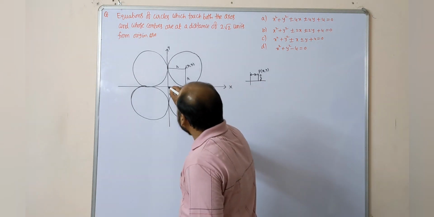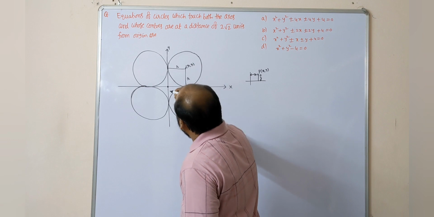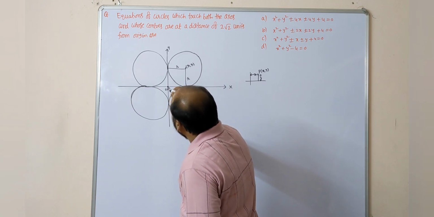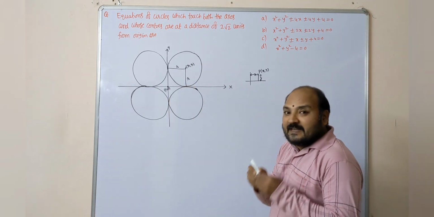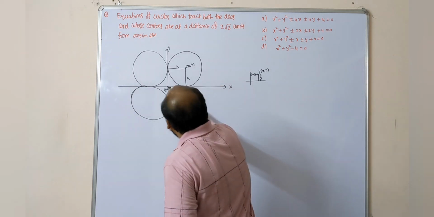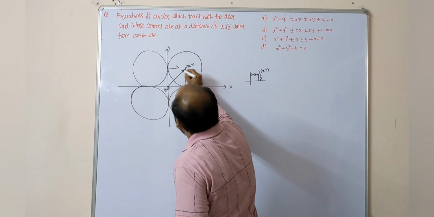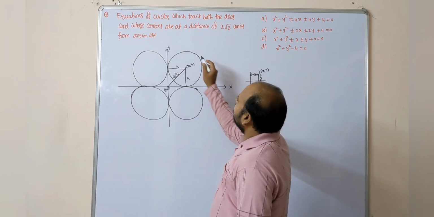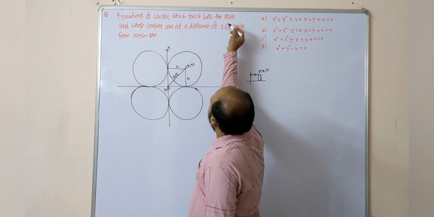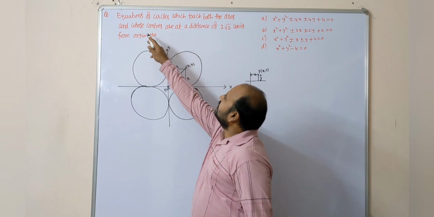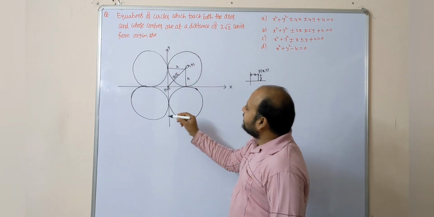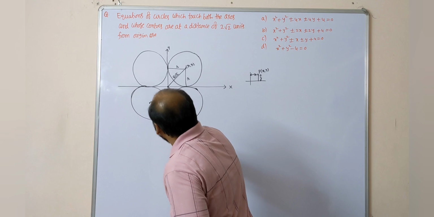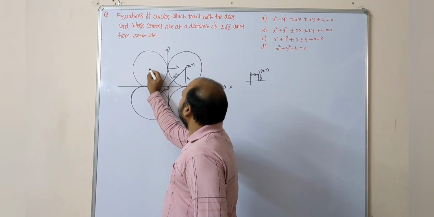But the question is, this is r comma r, this is origin, no? The distance from origin to this center is equal to how many units? 2 root 2. The circles which touch both the coordinate axis whose centers are at a distance 2 root 2.